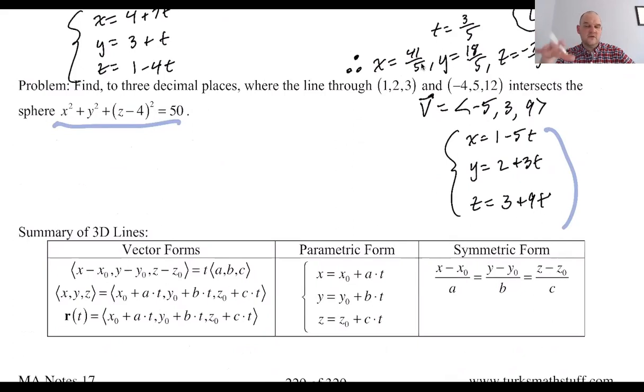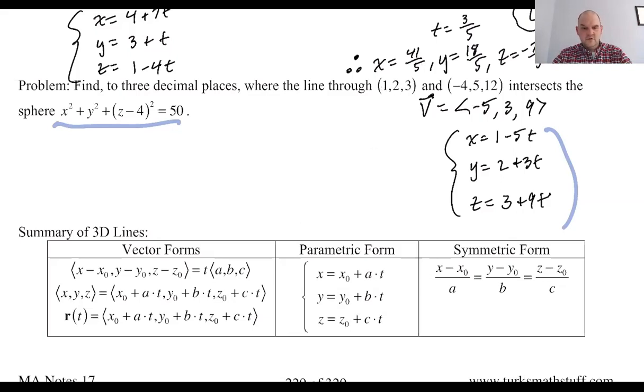I'm going to solve the quadratic and then take the t values that I get and plug them back into the line, and that should give me the intersection point. So that's kind of the path that you follow. Parameterize the line, sub it into the surface. It could be a sphere, it could be a plane, it could be any random surface that you're given. Sub it in, solve for t, take the t that you get, go back to the line, plug it in. It's like the circle of solving.